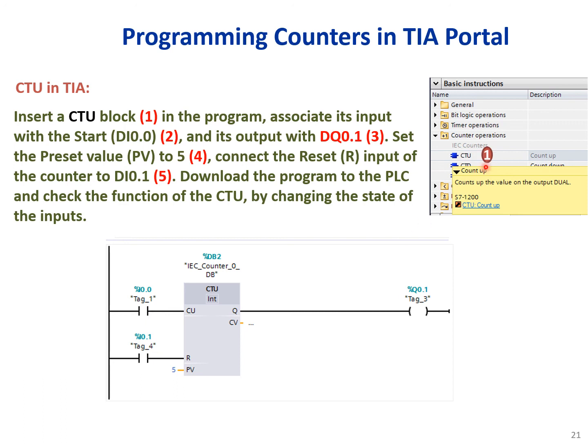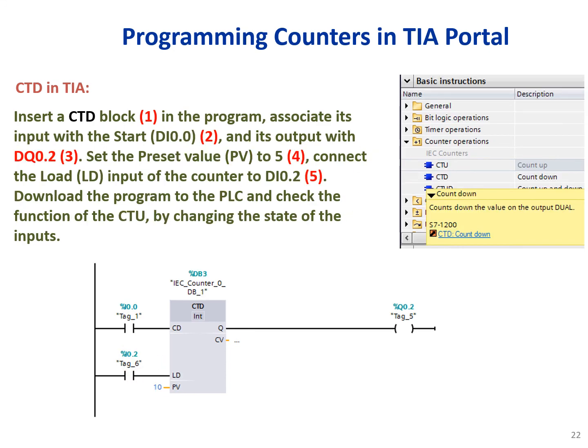So this is where you could select the counter up. This is where you could basically drop it here, sorry. Here is the output and this is the preset value. And this is the reset contact.